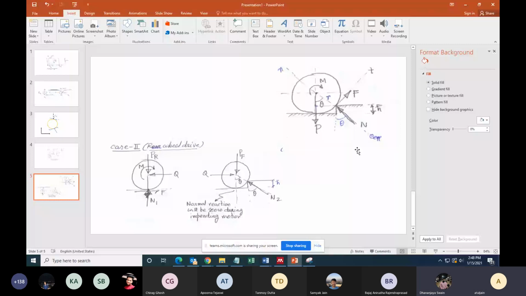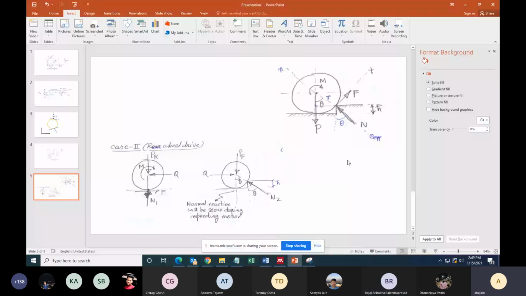Sir, in case 2, why is there no friction in the front wheel? I think, sir, the friction in the back will be the key factor.